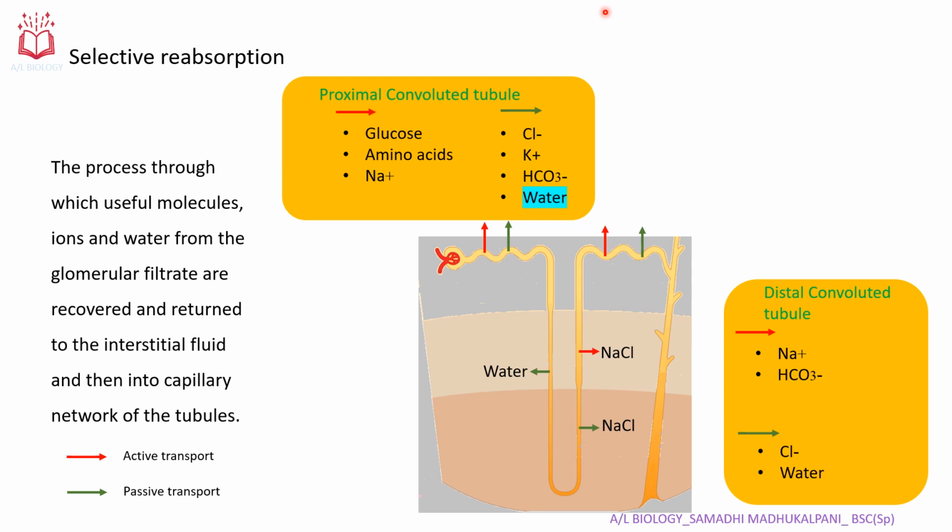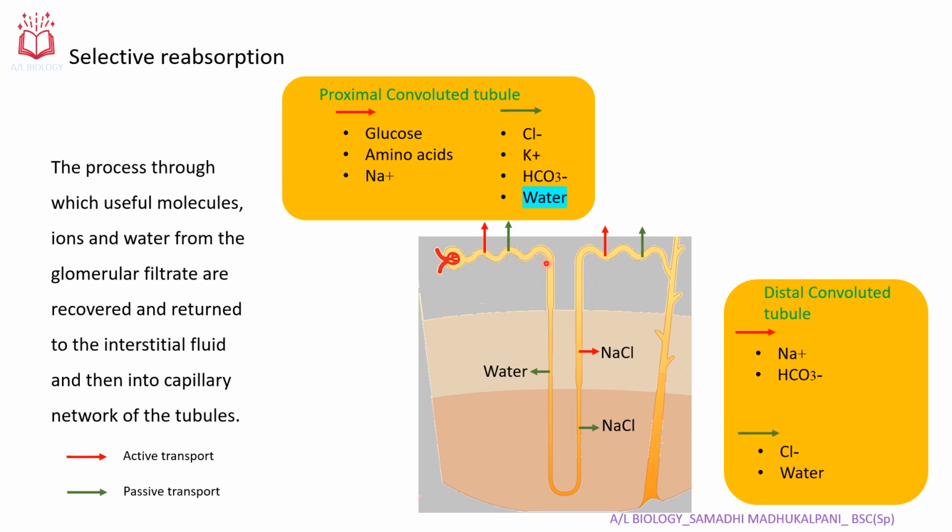Bicarbonate ion is involved in changing the pH of blood. To maintain a constant pH level, reabsorption of bicarbonate is important, and a major portion of water reabsorption of the filtrate takes place in the proximal convoluted tubule.